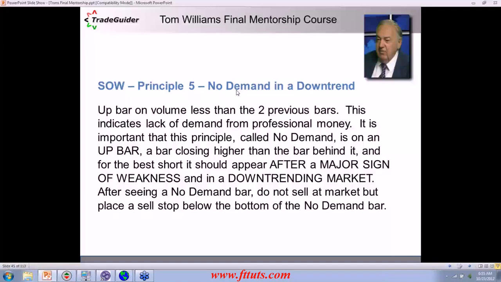Well, thanks, Al. No demand is what it tells you. You've detected no demand in your chart, in the market you're following, and no demand means that the smart money is not participating in a markup, an up move. Like yesterday I mentioned the auctioneer in an auction.